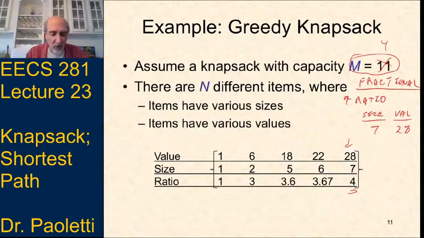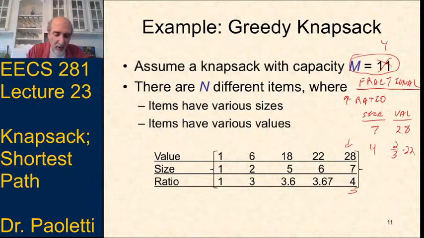If I take 2/3 of that item, it takes 4 space, and I get a value of 2/3 times 22. 2/3 times 22 would be 44 divided by 3, which is 14 and 2/3. Okay, so then I'm full. I can't take anything else.